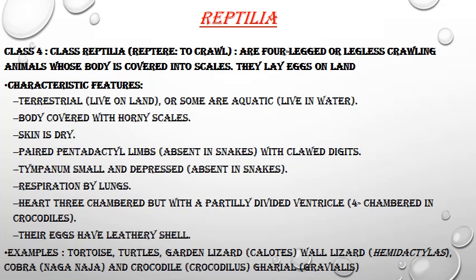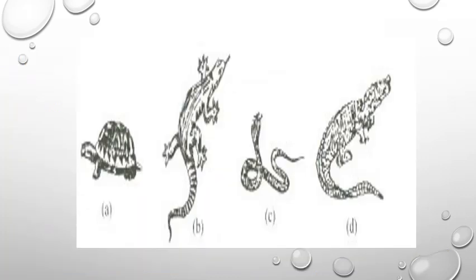Tympanum small and depressed. Respiration by lungs. Heart 3-chambered but with a partially divided ventricle. Their eggs have leathery shell. Example: tortoise, turtles, garden lizard, wall lizard, cobra and crocodile and gharial also. You can see the structure.